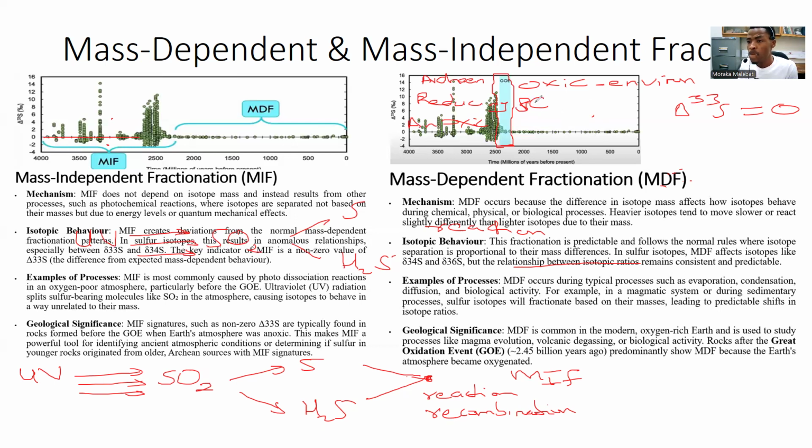We don't expect the Bushveld Complex magma to have the MIF signatures, because now, after dissociation, we're going to have the reaction because of the presence of oxygen. And when that is happening, it makes the MIF not to be preserved in the rock records.